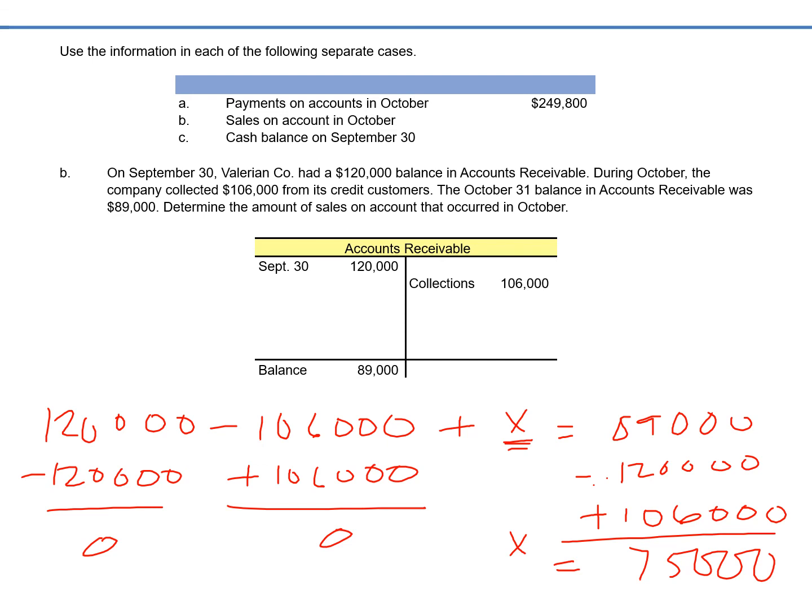So that means that our sales on account during the month of October are $75,000. Hope you did well on that one.